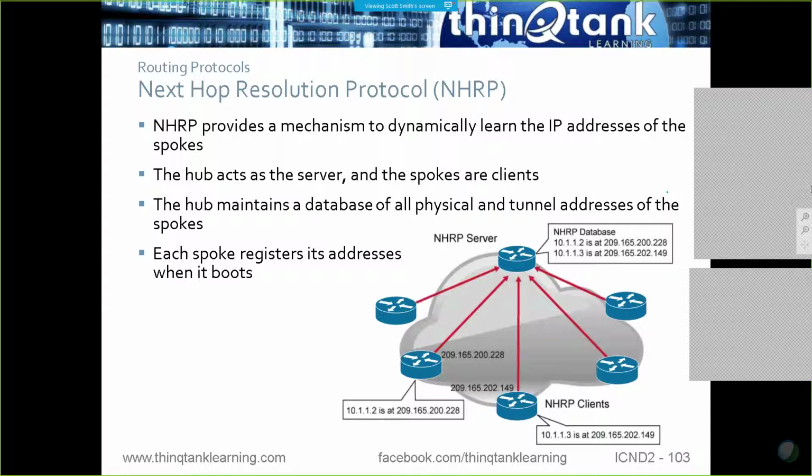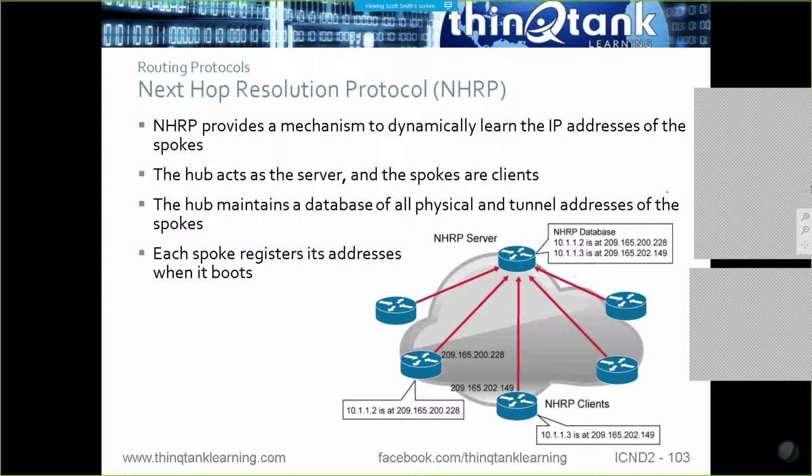So what happens is the spoke routers have a very minimal configuration. They essentially have a basic configuration that says, hey, when you boot up, you need to go contact this NHRP server and register your information to that NHRP server. And then the NHRP server starts building this database of reachability information.